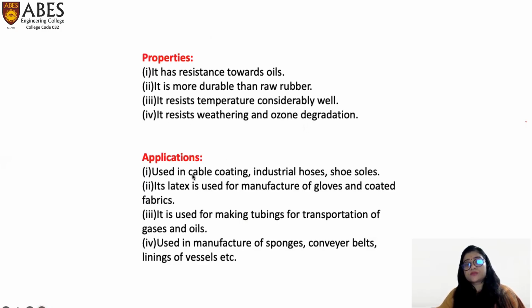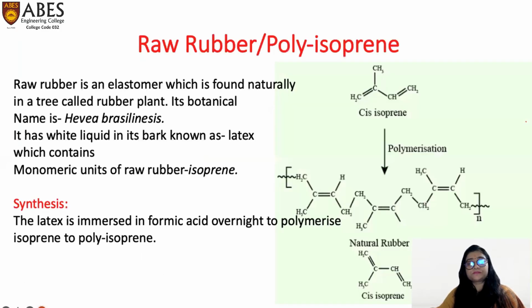Their applications include cable coating, industrial hoses, shoe soles. Its latex is used for manufacturing of gloves and coated fabrics. They are also used in making tubings for transportation of gases and oils, and in the preparation of conveyor belts and lining of the vessels.